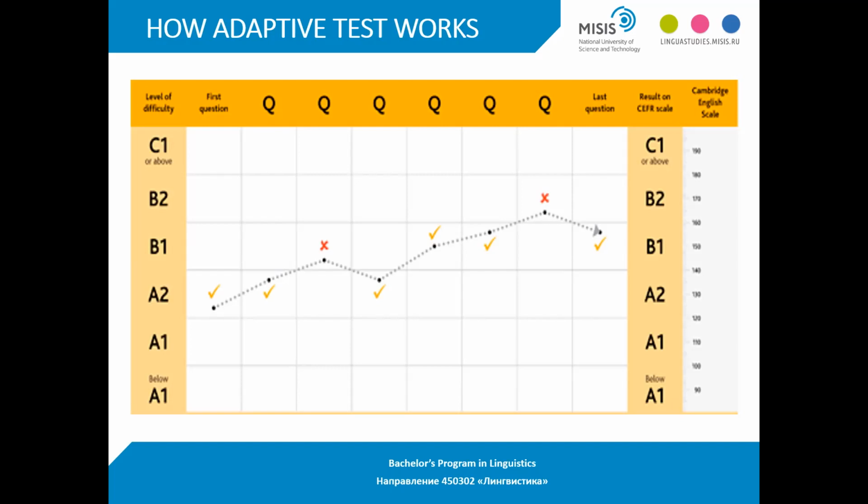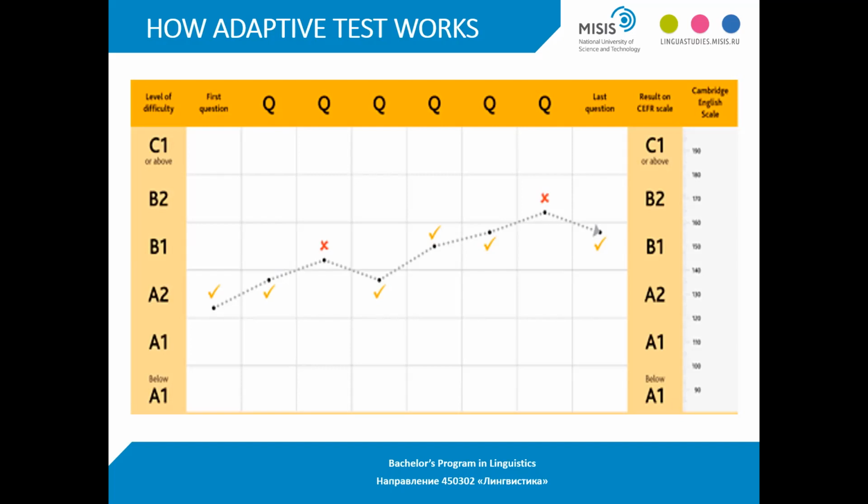So what does adaptive testing do? At the beginning, it will give every candidate a task somewhere around A2/B1, which is somewhere in the middle of the Common European Framework. And then it all depends on the quality of the answers.